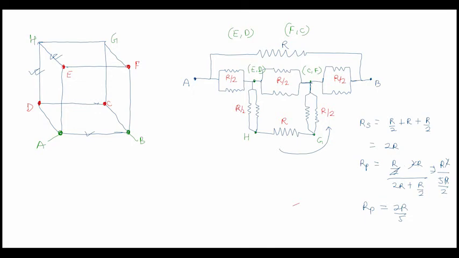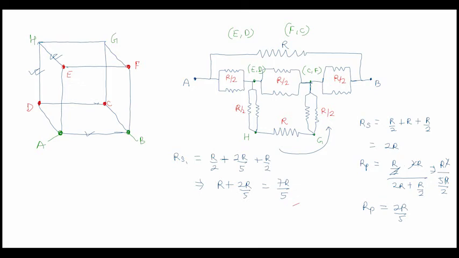So now in the lowest rung, RS1 is going to be R by 2 plus 2R by 5 plus R by 2. R by 2 and R by 2 will give us R, plus 2R by 5, that is 7R by 5. Now this 7R by 5 and capital R are in parallel with each other.